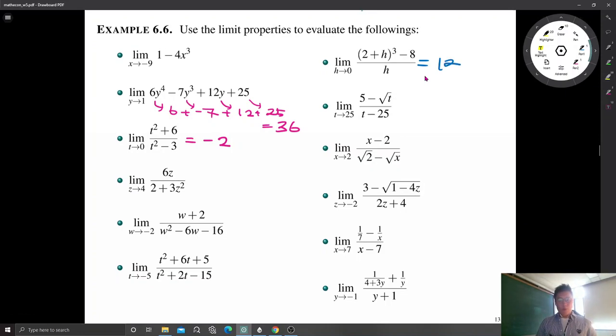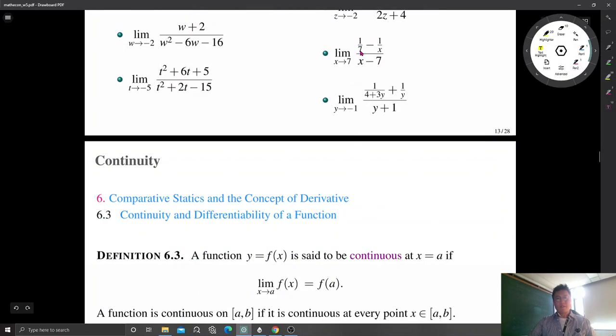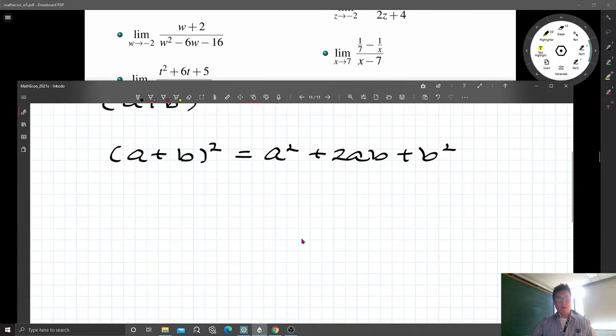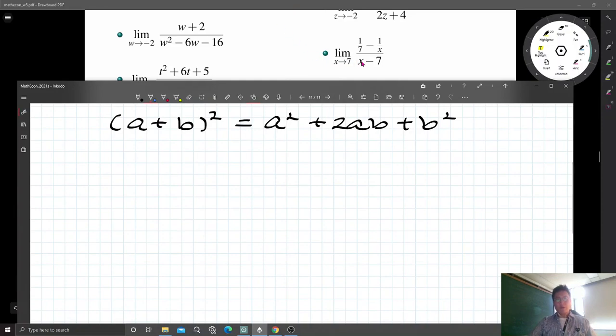Let me do one more exercise. So the limit of this expression: 1 over 7 minus 1 over x, divided by x minus 7. Now the technique we are going to use for evaluation of this limit is to make a common denominator.